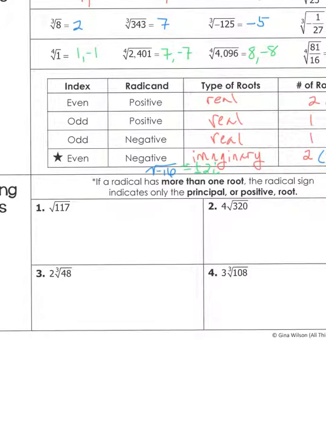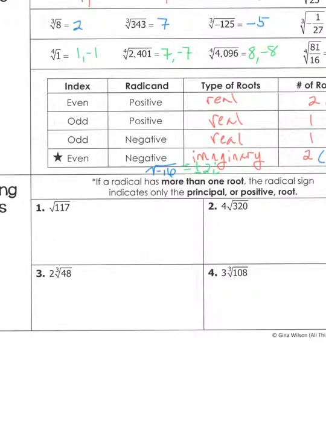All right, so 117 is not a perfect square. If you throw it into your calculator, you're going to get a decimal. So you have to figure out how to simplify it on your own. I would suggest that you prime factor each of your numbers. I gave you a divisibility sheet. Stretch out those numbers, and we're going to just take groups of whatever the index is.